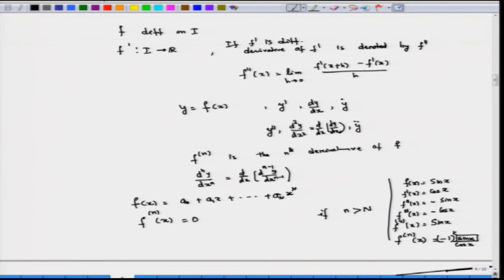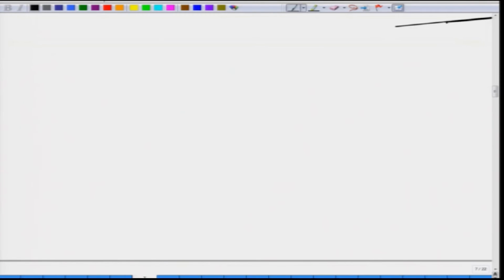So, after doing this, let us try to see some of the applications of the derivative. This derivative will tell us about various behaviors of our function, and it will also help us to find the maximum and the minimum value of the function.